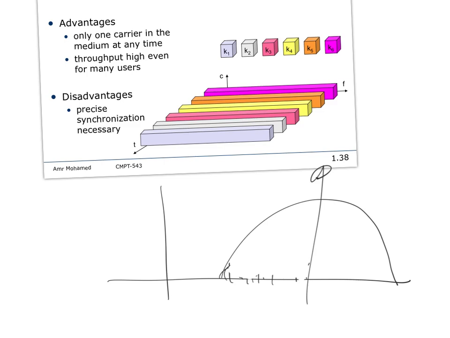But hereby there is another issue, which is precise synchronization is really necessary. Why? Because خد بالك يعني whenever you have multiple nodes trying to use certain time instances, there is an issue. Why? Because each of these users uses an independent clock.